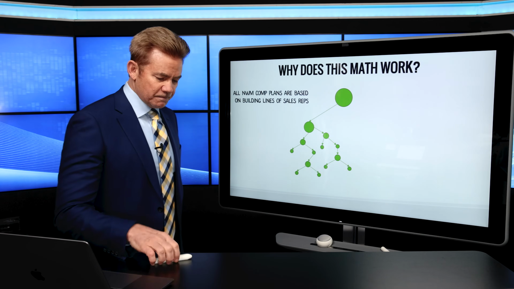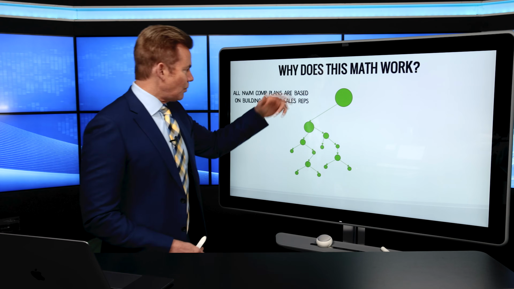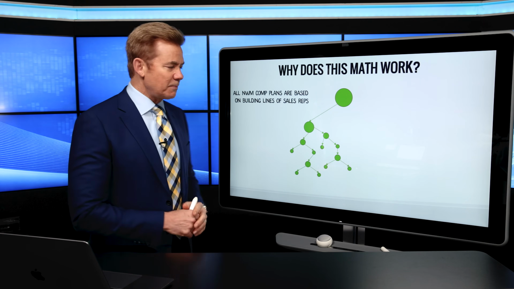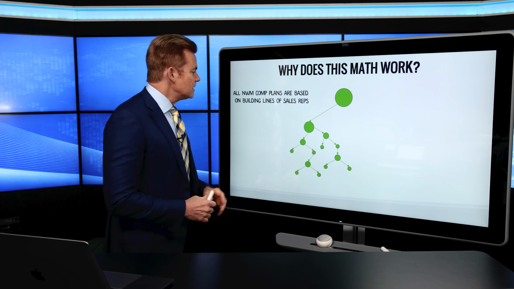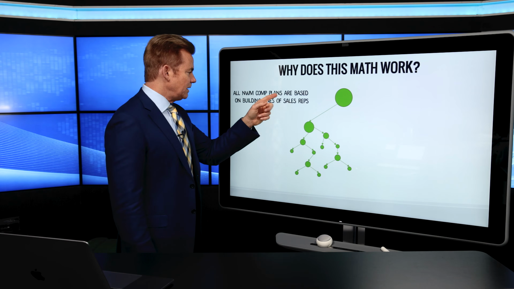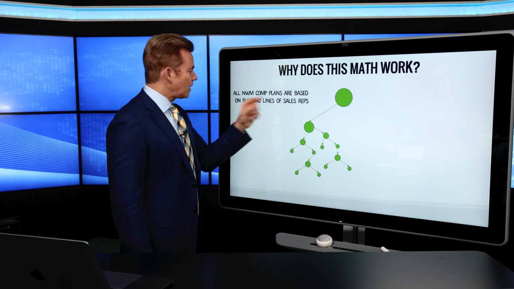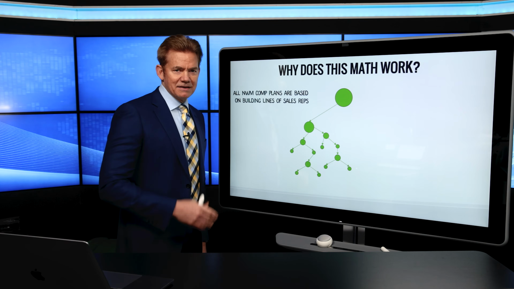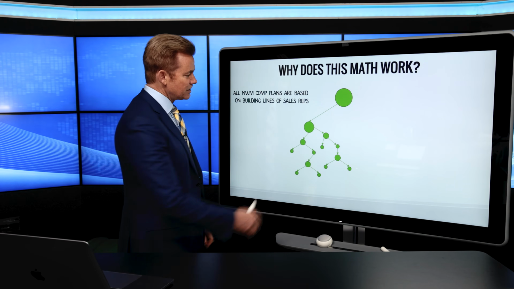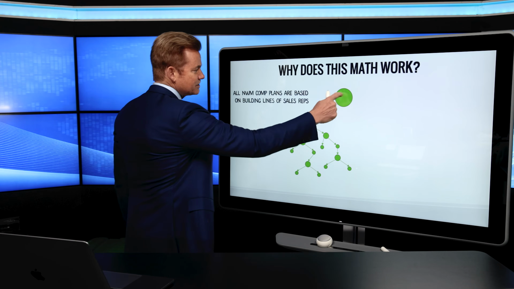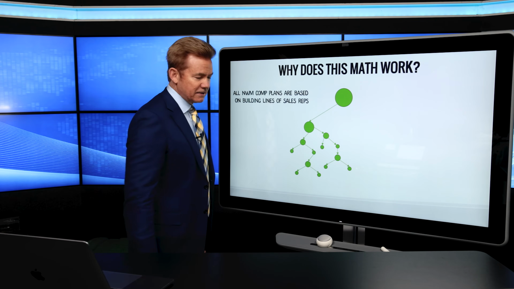Okay, so continuing on with why does this math work, I'm going to start breaking it down a little bit here. So all network marketing company comp plans are based on building lines of sales teams, okay? And so this would be a line. If this is you, this would be a line.